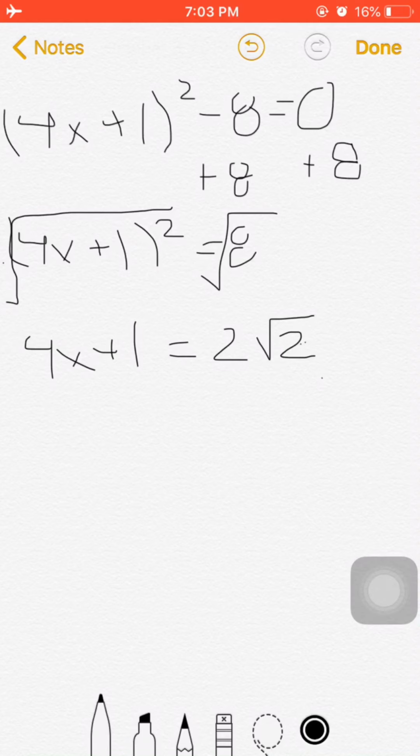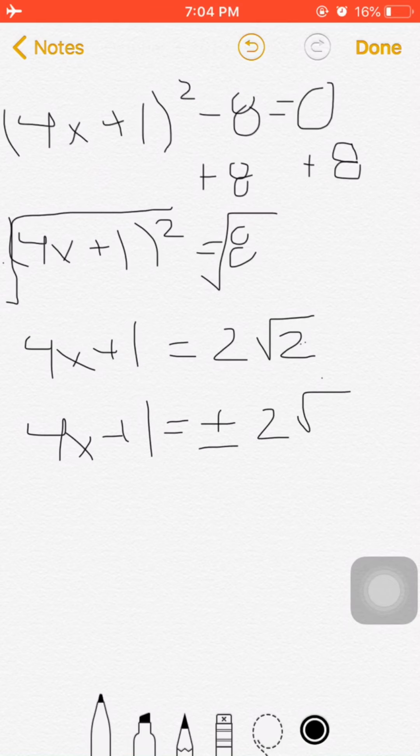So the next step is to write 4x plus 1 equals plus or minus 2 square root of 2. And the reason why I use the plus and minus is because it represents the positive and negative values. And so that should be your answer.